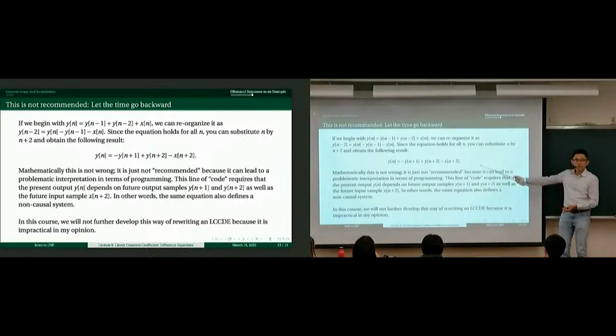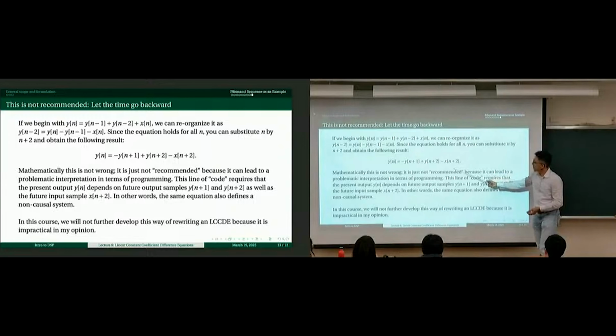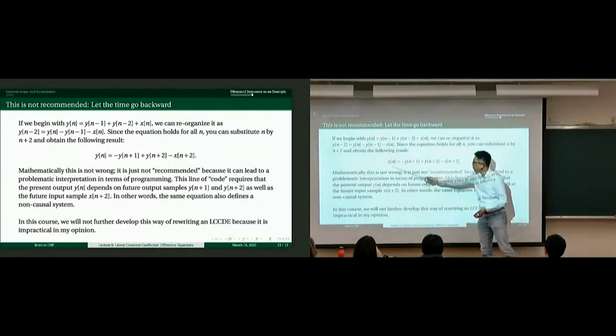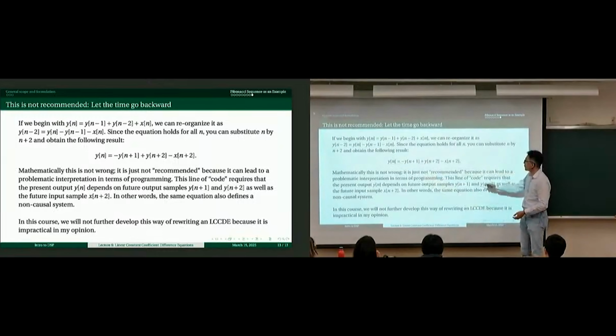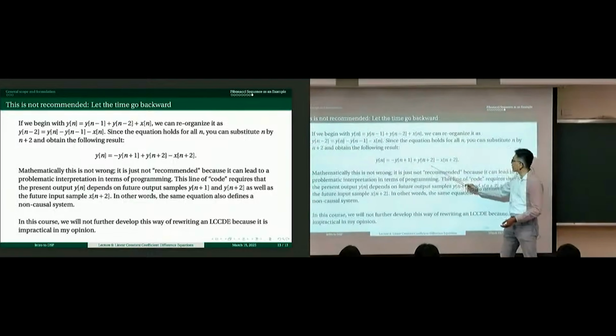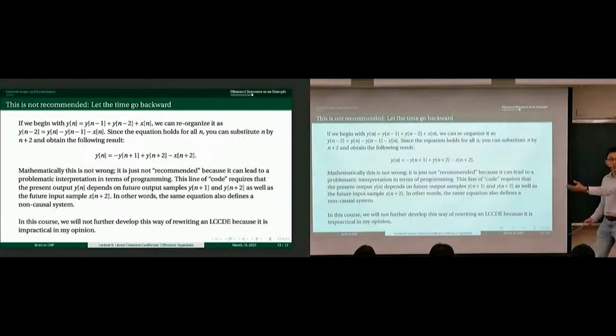You see what I'm saying? So this means that in order to calculate y of n, we need future information, because y of n plus 1 and y of n plus 2 are still not yet happening. It's in the future. So in a way, to implement this line of code, you need the time to go backward.